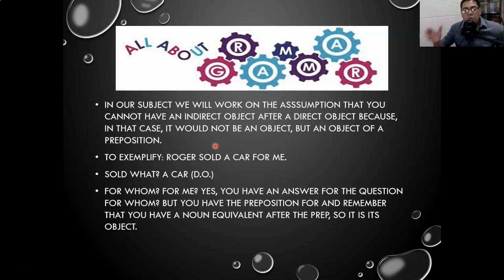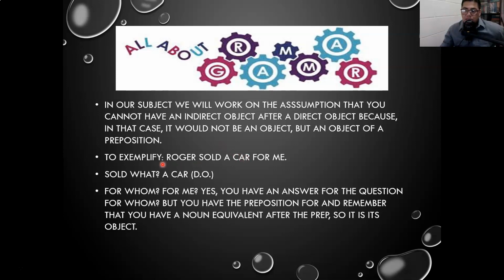Okay, here is the explanation why I insist that the indirect object goes before the direct object, because if we move it, then what we are going to find instead of an indirect object is going to be an object of a preposition. Of course, regarding meaning, yes, it's the indirect object, it's the recipient of the direct object. But remember that if you have a preposition, you must have an object for the preposition.